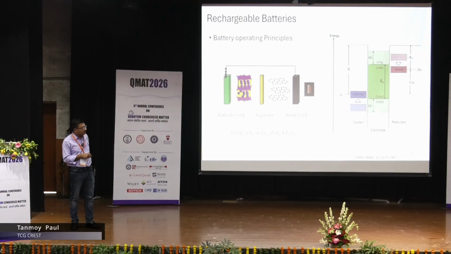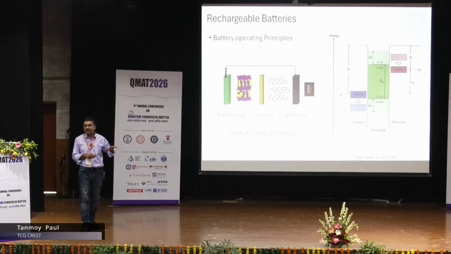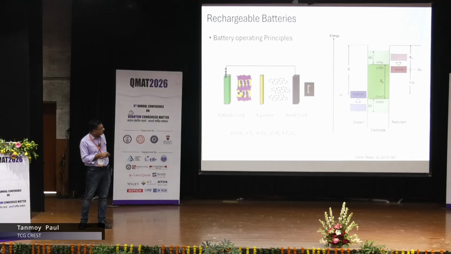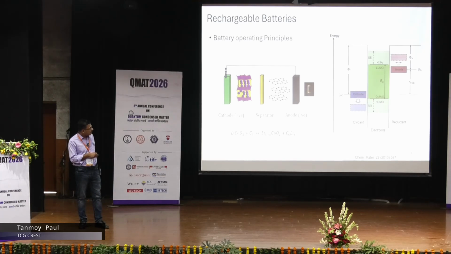If we consider the electrolyte to be a polymer kind of material, there will be a HOMO-LUMO gap. The position of the LUMO should be high enough relative to the chemical potential of the anode, which is the work function of the anode. Similarly, the lower part of the HOMO should at least match the cathode chemical potential.